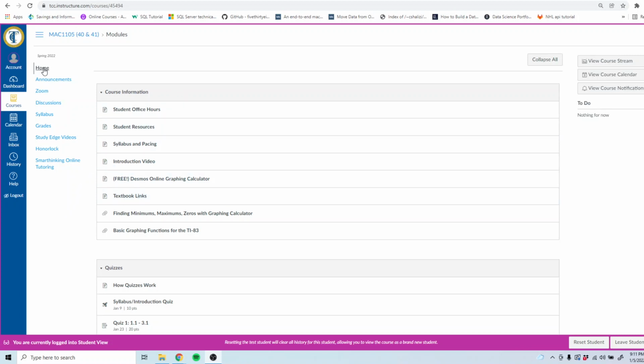Right, but at the top of the home page, this is the main page you're going to do almost everything in. You don't have to do a lot of perusing through these other tabs. At the top here, we're going to have course information, and this is going to be an overview of certain things about the course. There's not going to be any math necessarily here, but you're going to find important resources like student office hours.